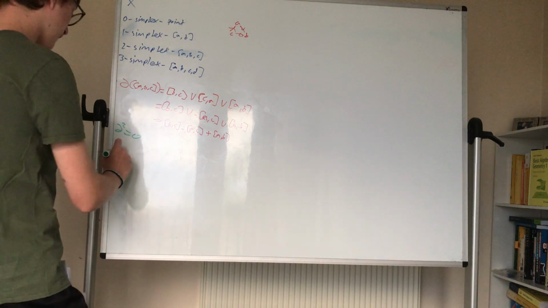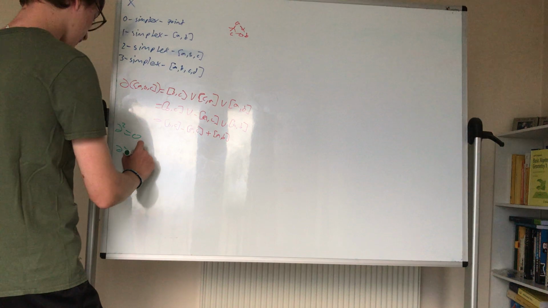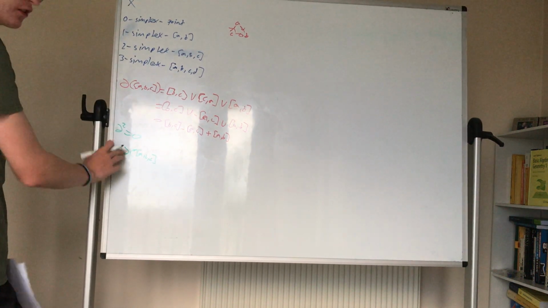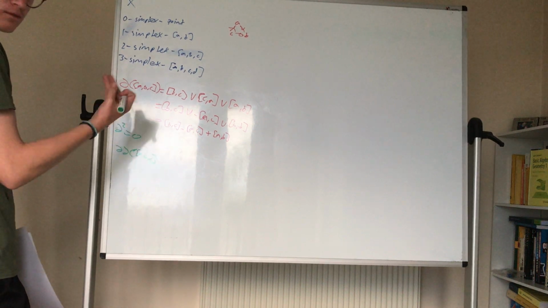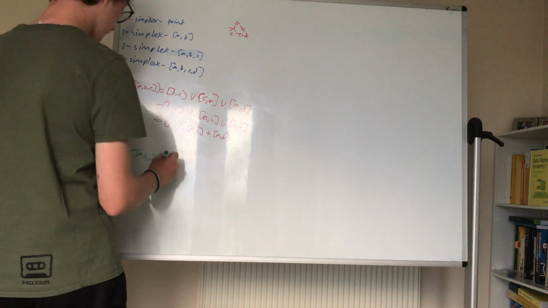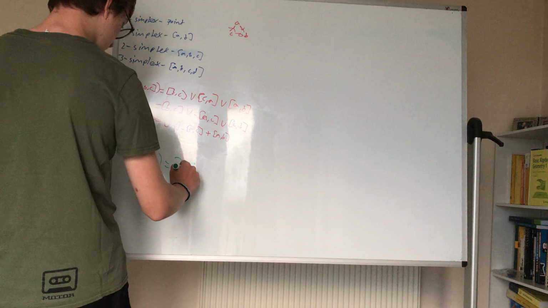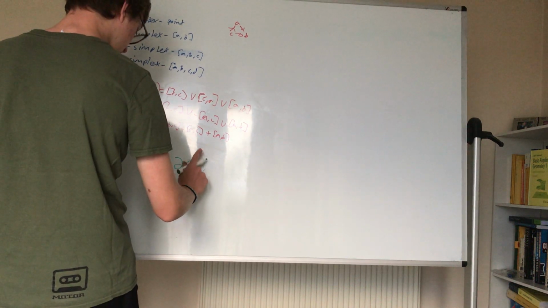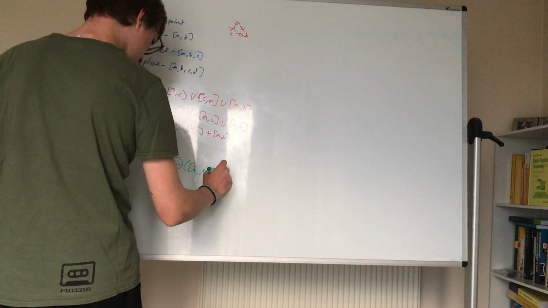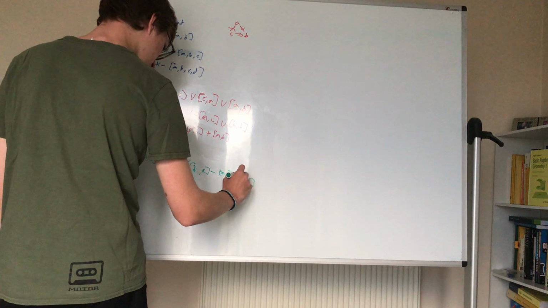So now if we do the boundary twice on ABC, I'm being deliberately sloppy with my indices for now, but I'll be more precise in a second. So this right here will be the boundary of this thing right here: BC minus AC plus AB.